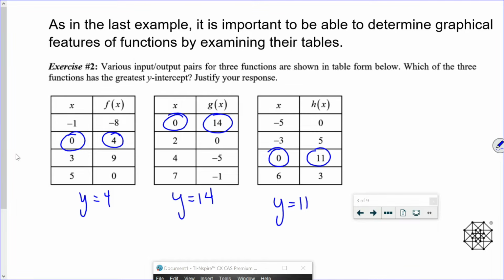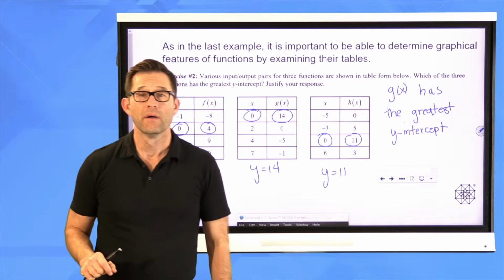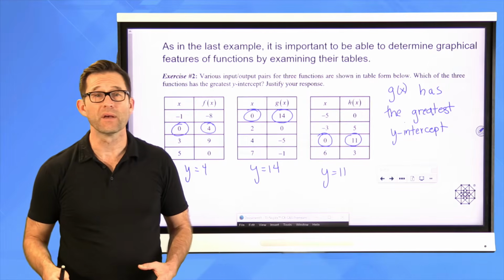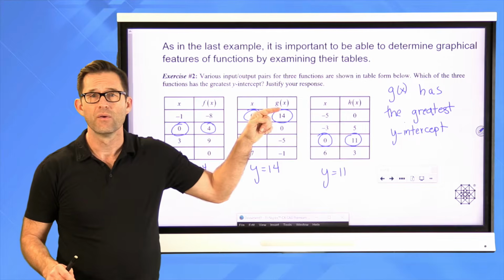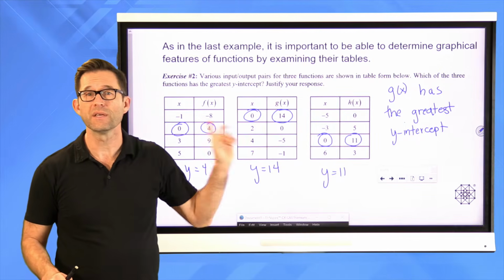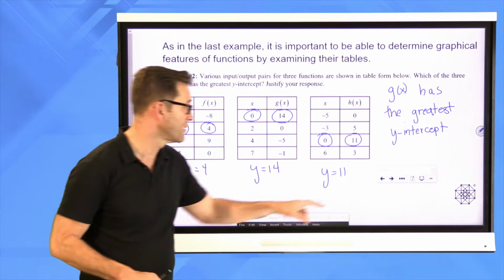So g of x has the greatest y-intercept. Right? And it's actually quite quick, quite easy, because we know the y-intercept is just the function's value when the input is equal to 0. And in fact, the table makes this problem very simple and very fast.